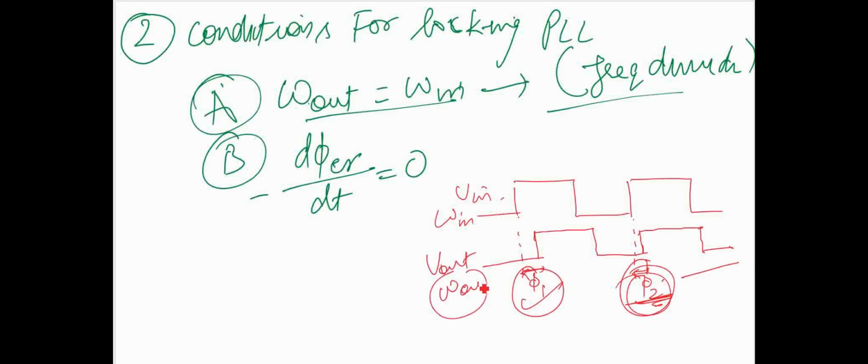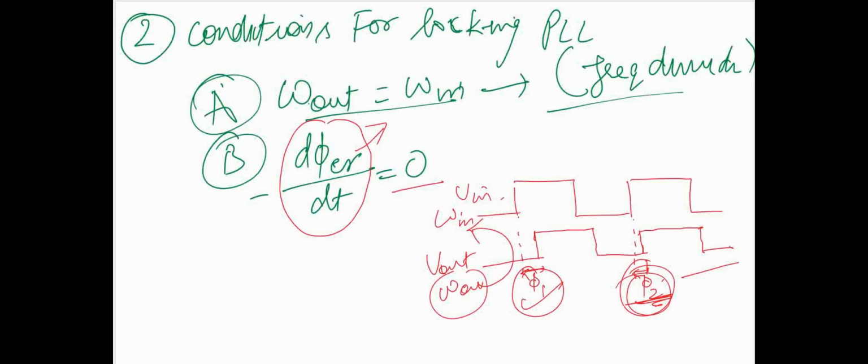But the frequency out equal to frequency in, that is there. So in that case, this PLL is not locked. Your phi error should be constant, that is, the differentiation of phi error must be 0. This is the condition of PLL locking.